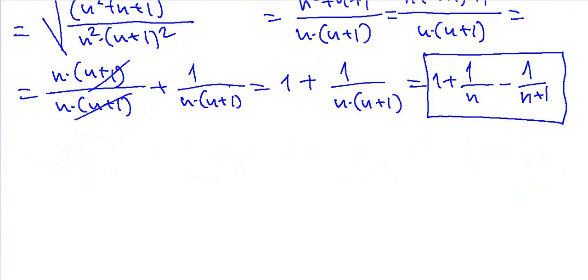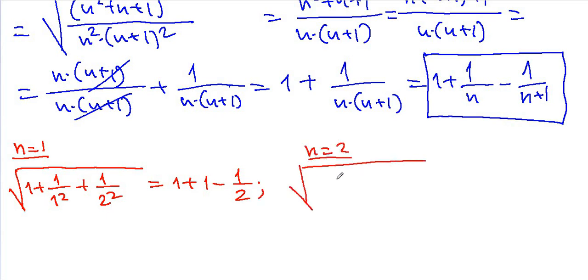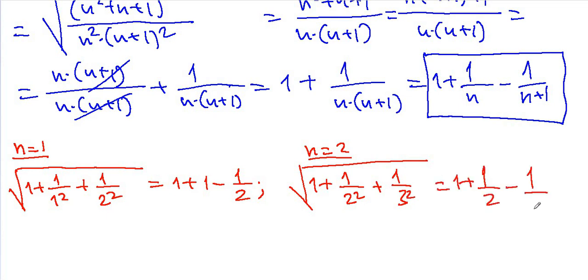So this means that if n is equal to 1, then this expression, square root of 1 plus 1 over 1 square plus 1 over 2 square, can be written, according to the simplified form, as 1 plus 1 minus 1 over 2. And if n is equal to 2, then square root of 1 plus 1 over 2 square plus 1 over 3 square is equal to 1 plus 1 over 2 minus 1 over 3.